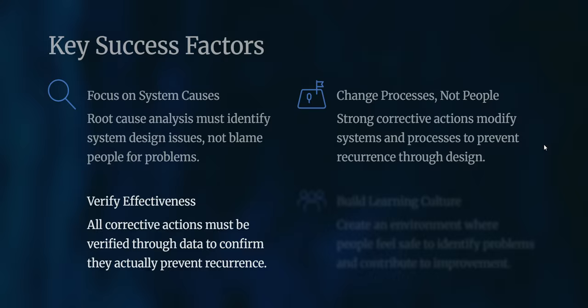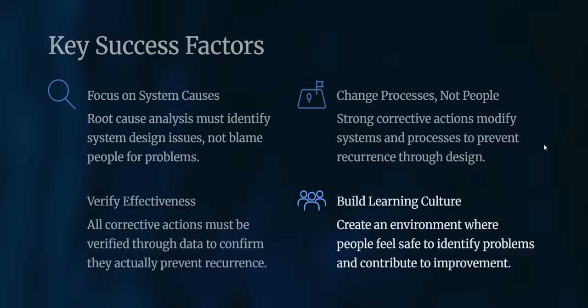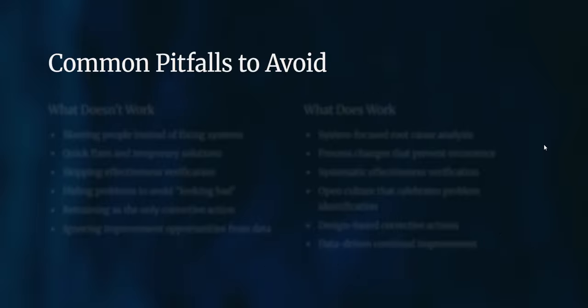Thirdly, verify effectiveness. All corrective actions must be verified through data to confirm they actually prevent recurrence. Fourthly, build learning culture by creating an environment where people feel safe to identify problems and contribute to improvement.